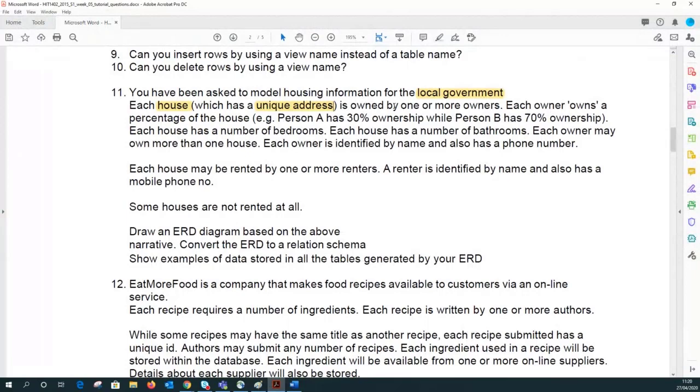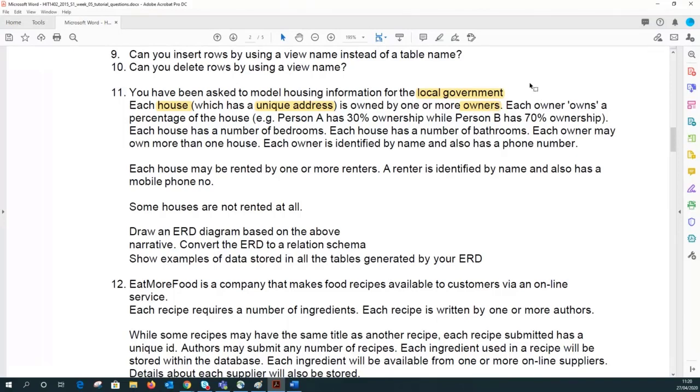And these houses are owned by one or more owners. So they are talking about owners. Do we need an entity for the owners? If you read the next sentence, each owner owns a percentage of a house. Yes, so we need to record the information about the owners because they own the house.